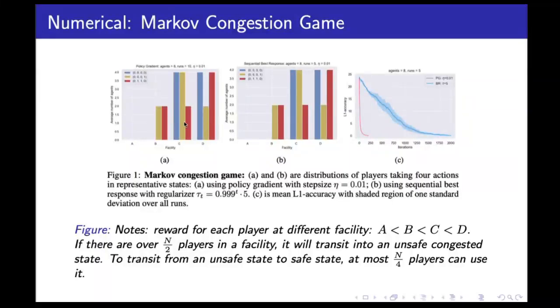Because C has a better reward than anyone else, there will be 4 players, which is half of the players, to get the best reward, and the remaining players are in B over A, because in A you will have less reward than in B. So despite that it is a competitive game at the beginning, during the training process the players actually learn how to cooperate a little bit.